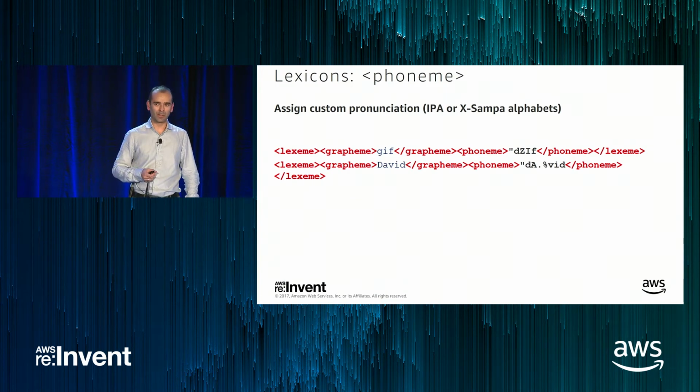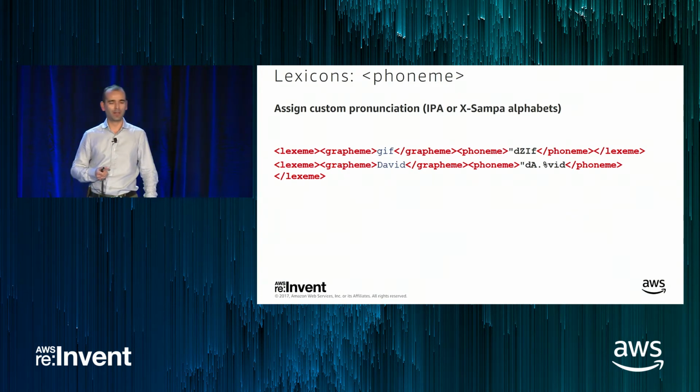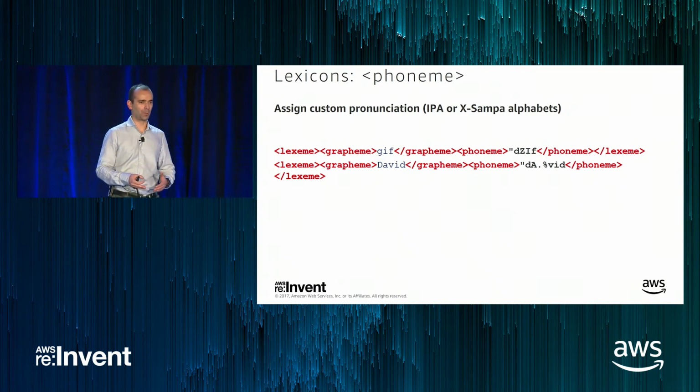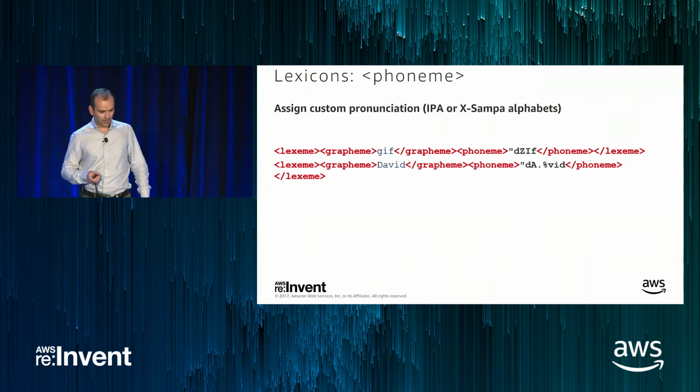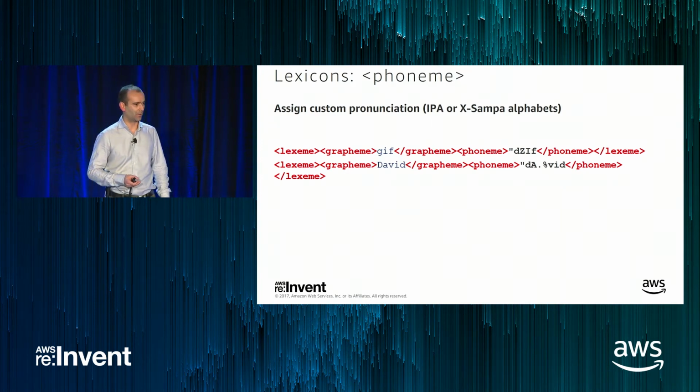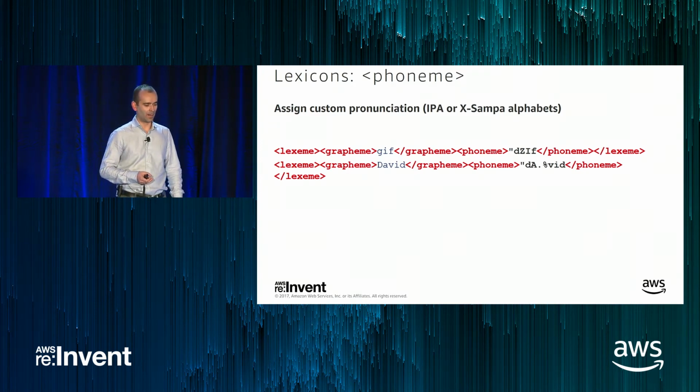I mentioned the Lexicon feature earlier, which can be used to create custom pronunciations for certain words. You don't need to be a phonetician or an expert in phonology to create entries into the lexicon.